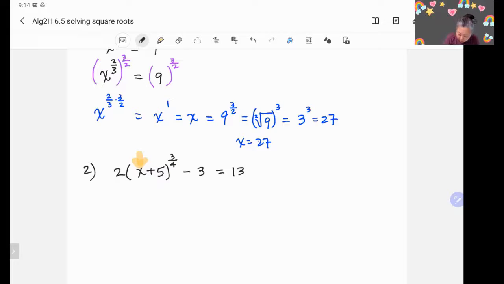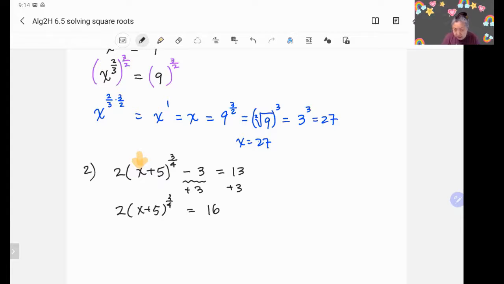So I recognize minus 3 on my left-hand side. In order to transpose a term to the opposite side, I have to do addition, right? So the next step is 2 times x plus 5, everything copied down the same, and the other side will make 16.